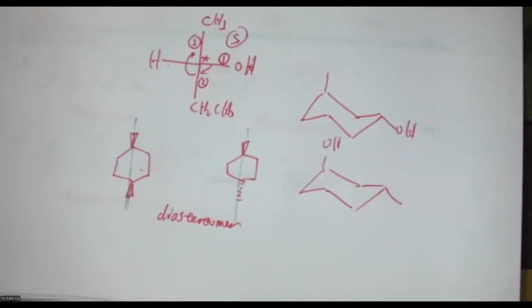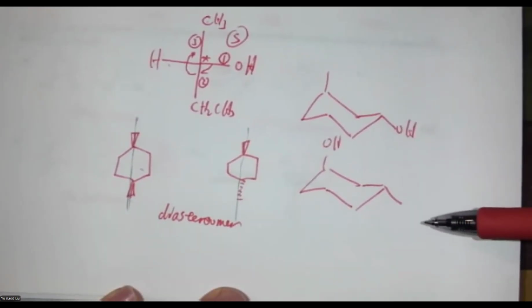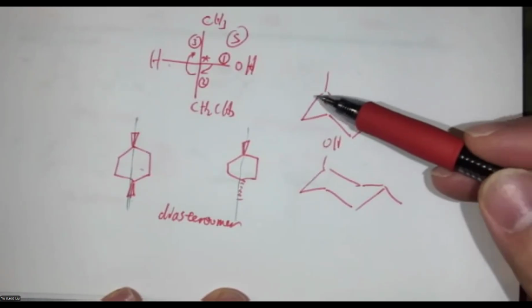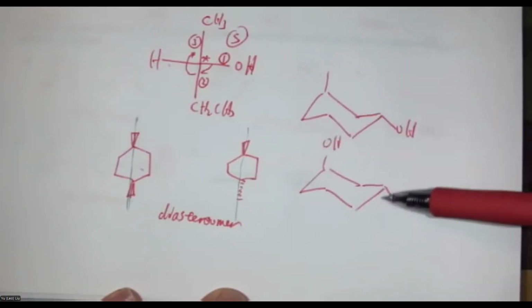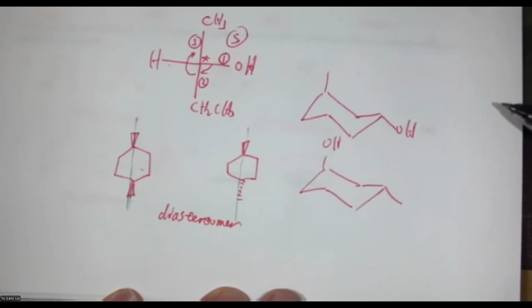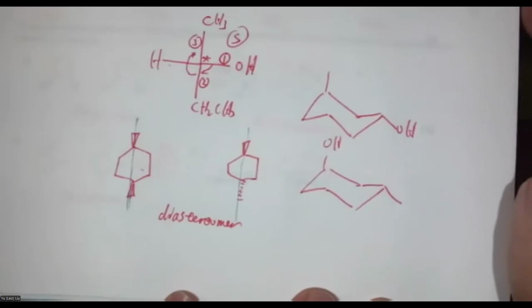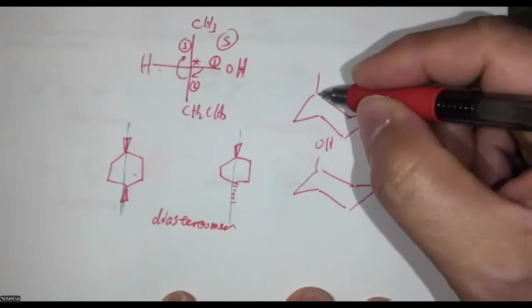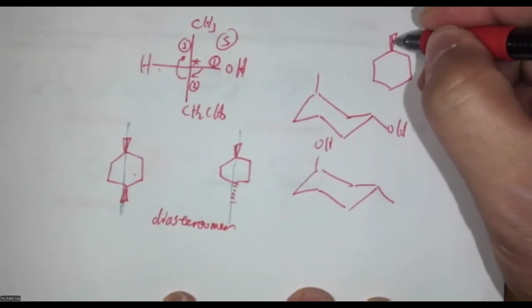So for example, in an exam quiz, I show you these two molecules: what's their relationship? Are they similar, enantiomers, or identical? It's hard to identify by the chair conformation, so the easy way is to convert them to the planar structure. This one going up should be wedge.